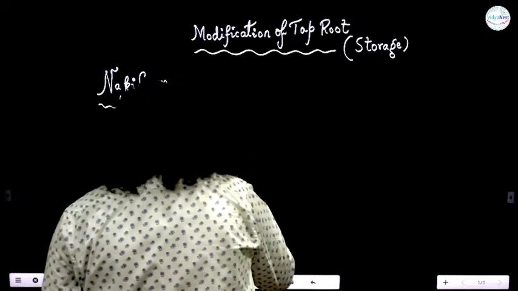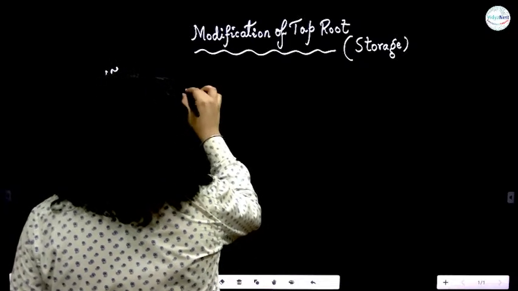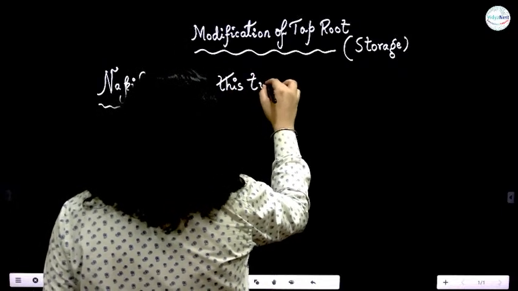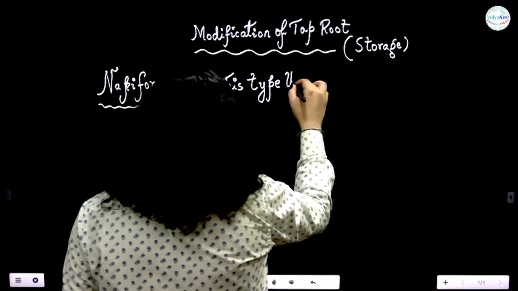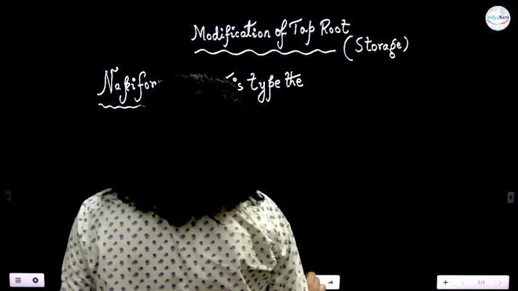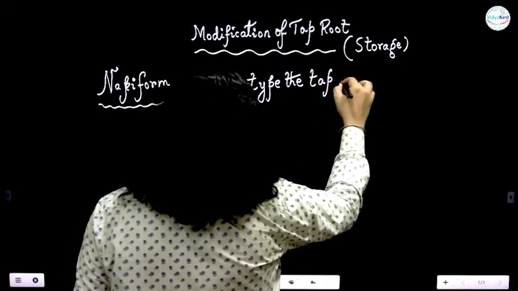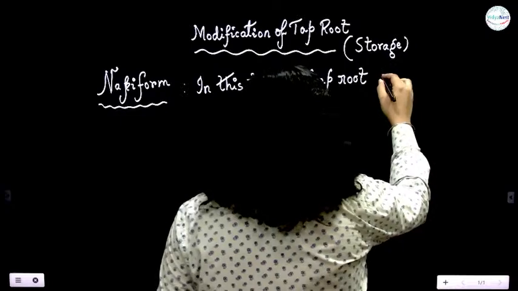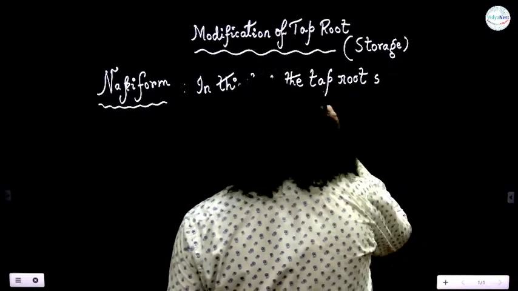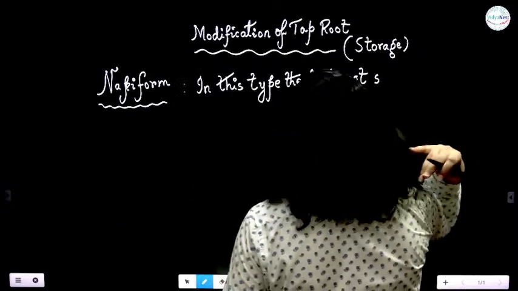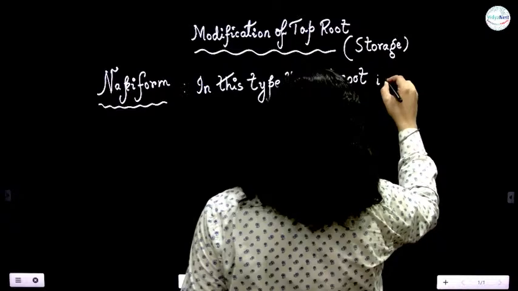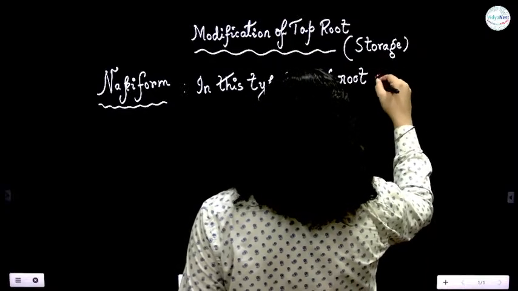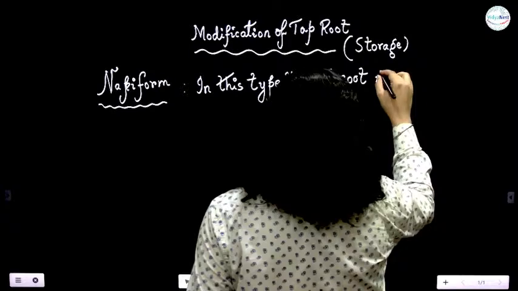So in this type, the taproot is swollen at the middle.